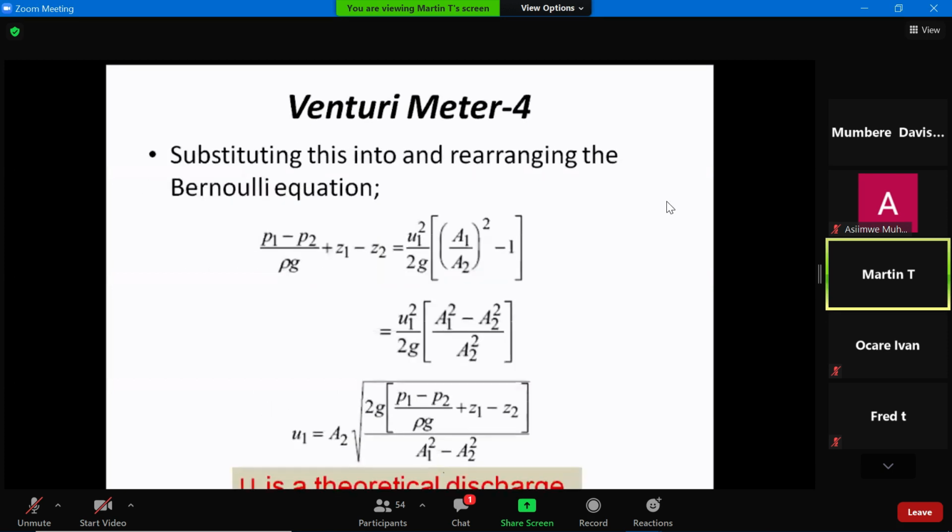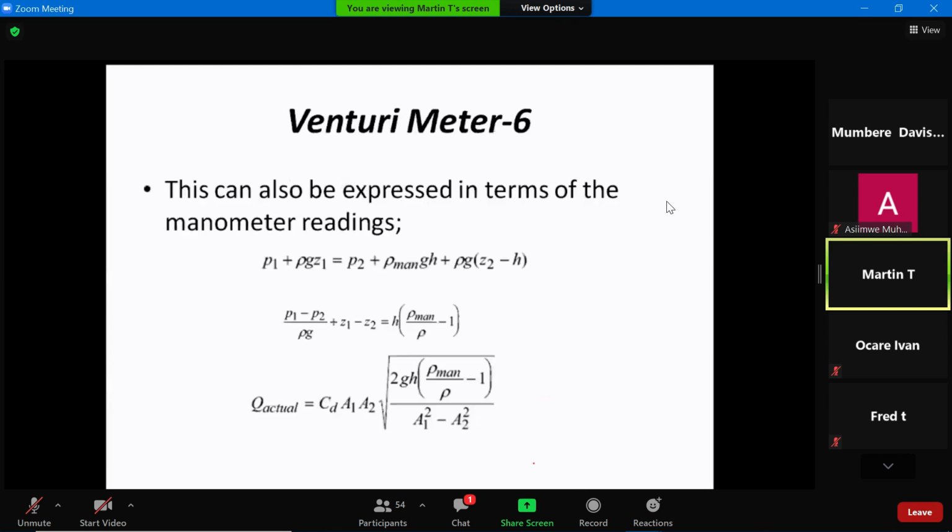So this term here, when you collect like terms, is equal to H into (rho_man over rho minus 1). If you collect like terms, it comes to that. Okay.